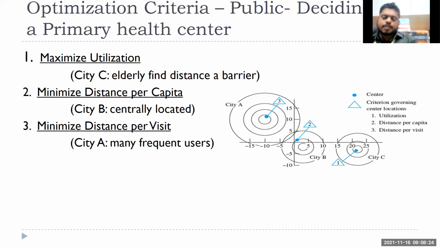Remember, if it is a government decision, it has to be done by maximum utilization, right? You have to maximize the utility. How will you do that? What are the factors we'll consider?